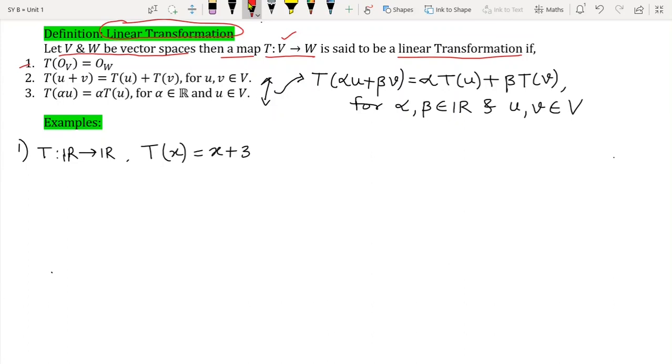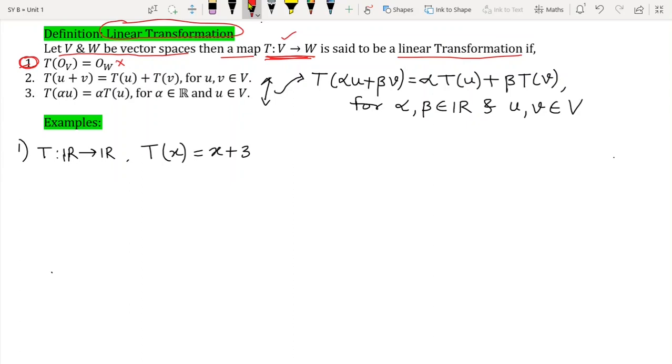Just note one thing, this first condition is not at all needed in order to show a function is a linear transformation, but this first condition can be used to show that the given function is not a linear transformation.